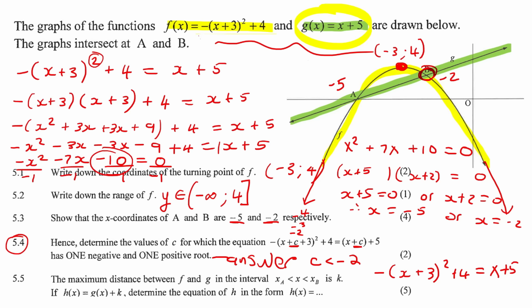However, if you move too far, then this part over here is also going to end up being on this side of the y-axis. And then both of these answers are going to be positive. But they want one of them to be negative and one of them to be positive. So we don't want the C value to go smaller than -5. Like, you don't want it to be -6.